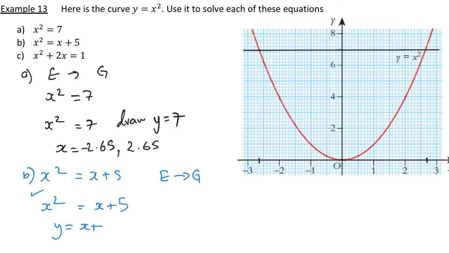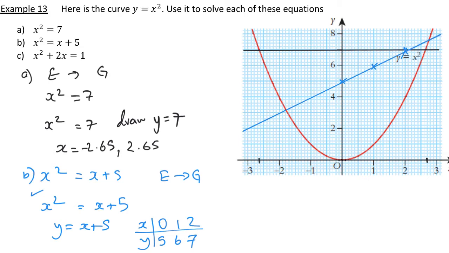So y equals x plus 5, we need to do our table of values. 3 x values 0, 1 and 2. 0 plus 5 is 5, 1 plus 5 is 6, 2 plus 5 is 7. Our 3 points then are going to be 0, 5, 1, 6 and 2, 7. And we can join those up with a straight line.